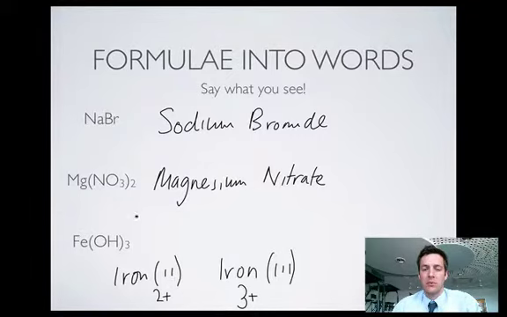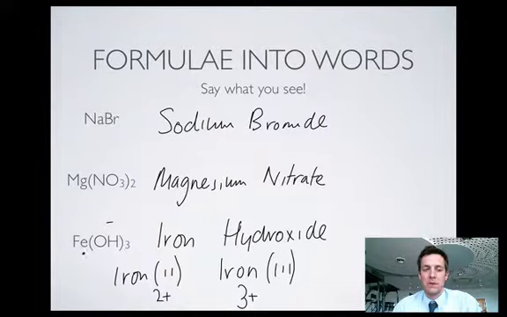And that's important because this is going to be called iron. This is a hydroxide ion, so it's going to be called iron hydroxide. But unless you state which oxidation number of iron you've got here, you're not giving the name completely and you're going to lose marks. So the hydroxide ion has a minus charge.